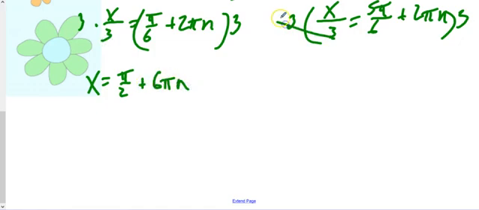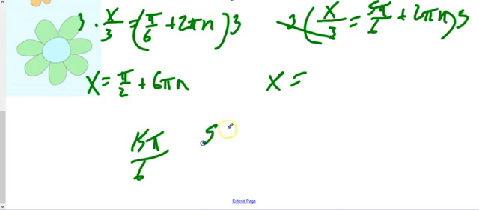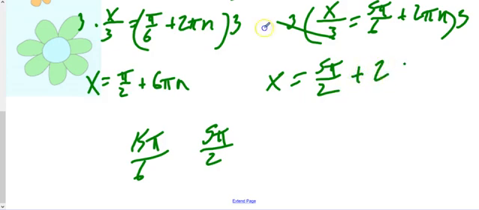All right, over here, we're going to have x equals 15 pi over 6. Those are both divisible by 3. That gets me 5 pi over 2, plus 6 pi n.